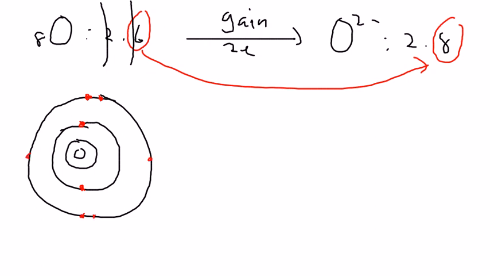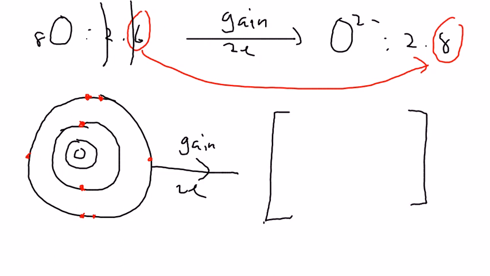When it gains 2 electrons, it will become different, like that. Again 2 electrons, 2 electrons. Remember, we still draw the bracket. This is neutral, and this is the ion. You gain 2 electrons, it becomes 2 negative.